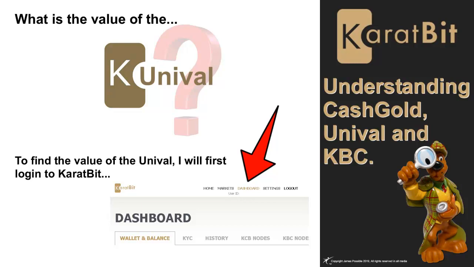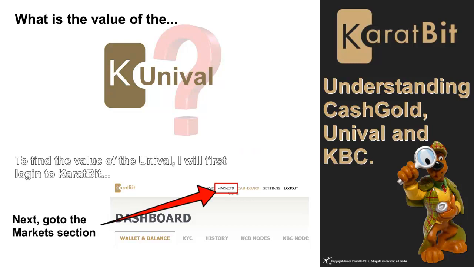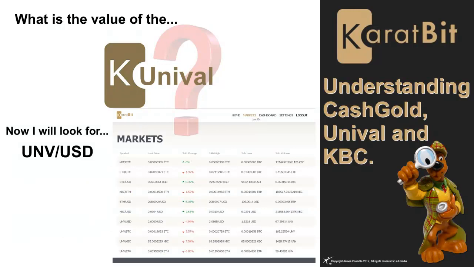Once you get to Karatbit.com, you're going to click on Markets, and that's going to open a page like this. Then you're going to look for UNV/USD. So that's the Unival versus the US dollar. The Unival is the base pair, the US dollar is the quoted pair. So the Unival is being compared to the US dollar.